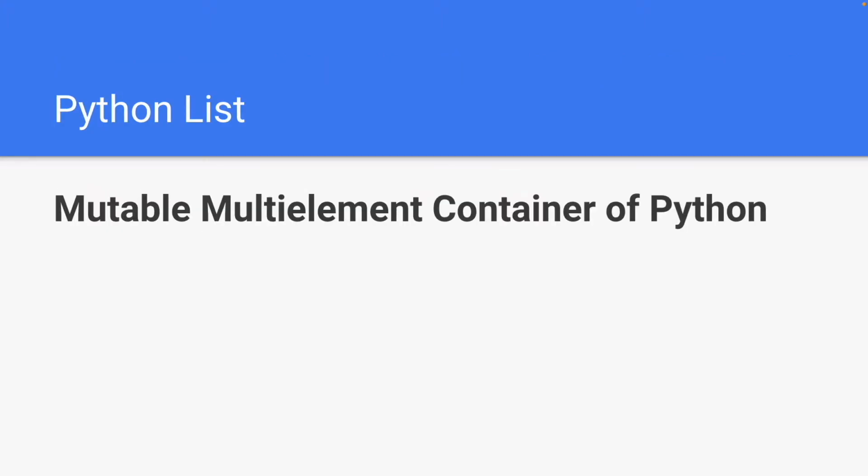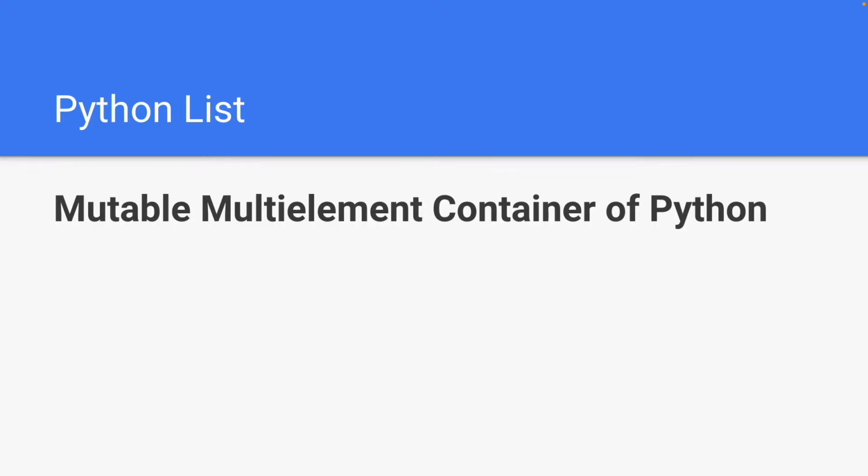So, the Python list. Focus on these three. If you're using Python, you have to know about the Python list. Without this, I don't think you will ever be able to understand data science. Not even data science, I'm talking about regular Python. It is the container in which you hold different elements.